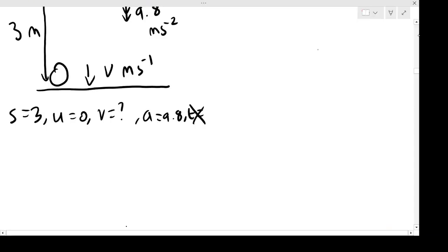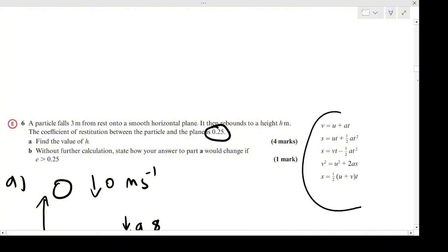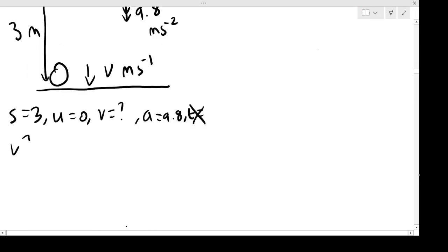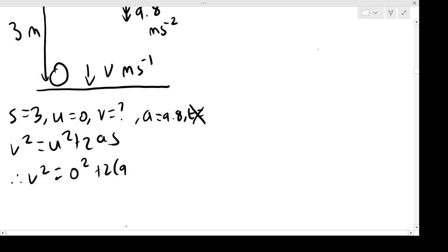So my SUVAT equation that does not include t is v squared is u squared plus 2as. So if I apply that here, v squared is going to be 0 squared for u, plus 2 lots of 9.8 for a and 3 for s.